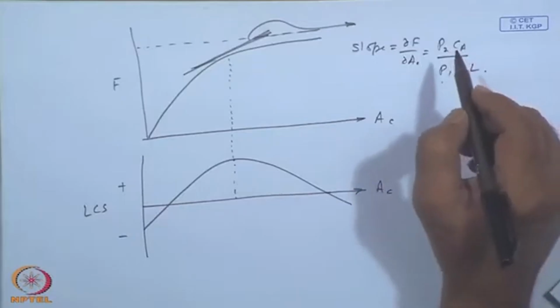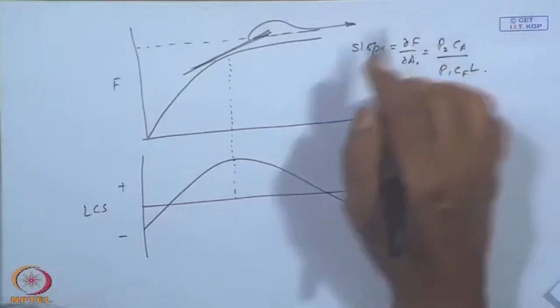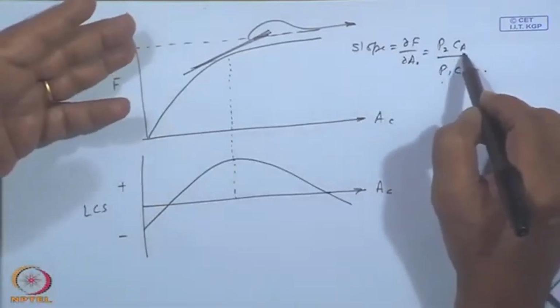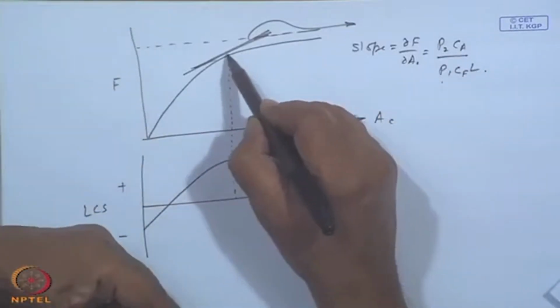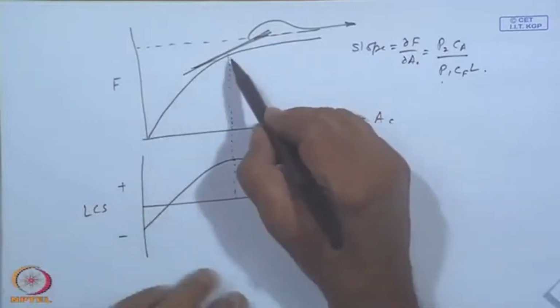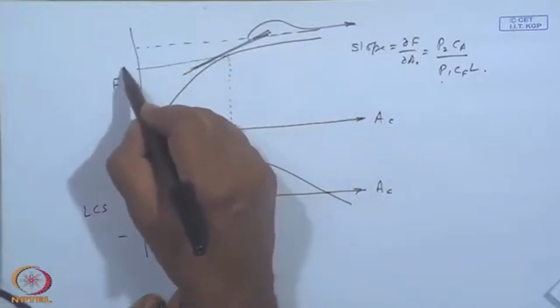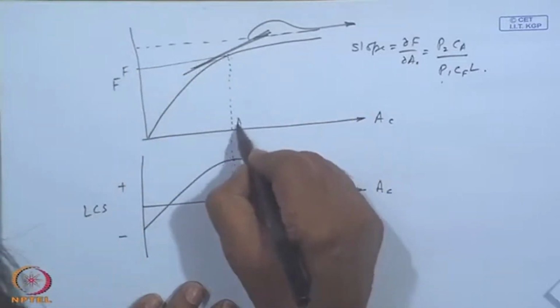Okay. So, you will find out this number and draw a line with the slope being equal to this number, and wherever it cuts, of course, I have drawn it a little away just to be clear. So, that is where my optimum F and AC lie.